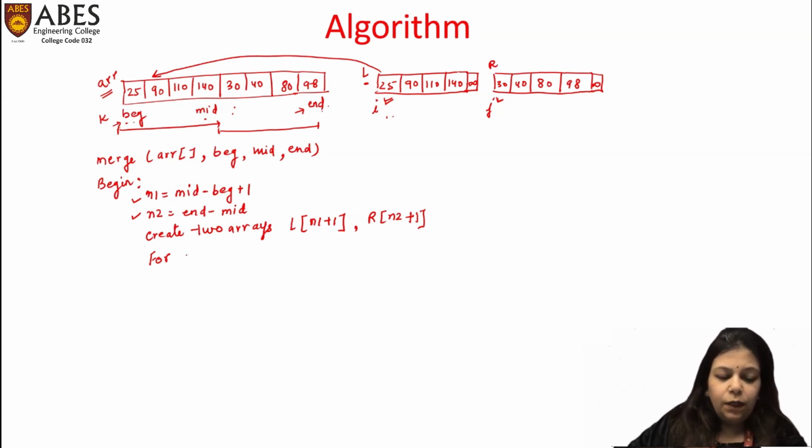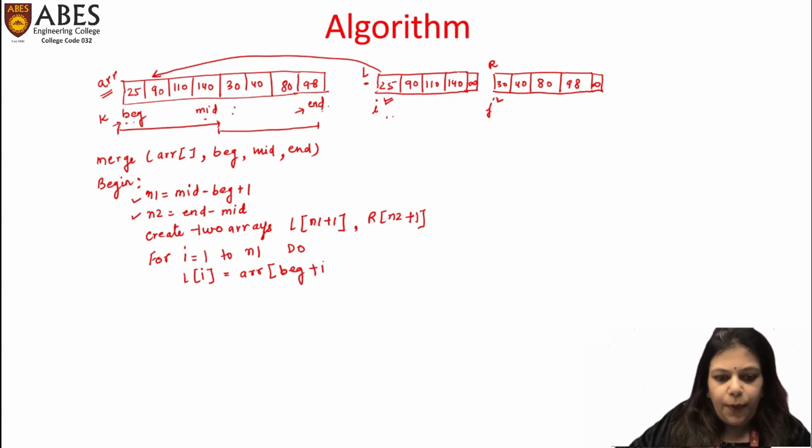So for this, we will put a loop for I equals 1 to N1 do L of I equals ARR of beginning plus I minus 1.